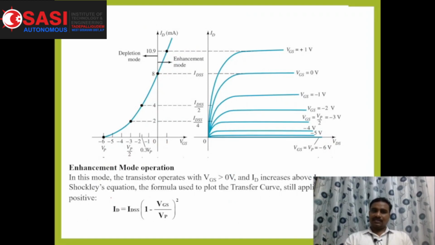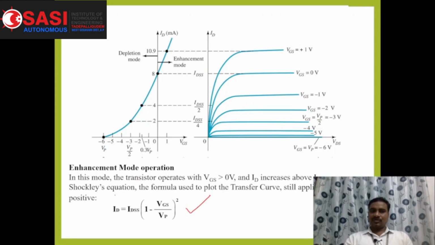The formula that can be used for getting the ID value is ID equals IDSS times (1 minus VGS by VP) whole squared. So this is the formula to get the drain current in the MOSFET. We move on to the same characteristics, where we can observe depletion mode and enhancement mode. In enhancement mode of operation, the transistor operates with VGS greater than 0 volts and ID increases above IDSS.